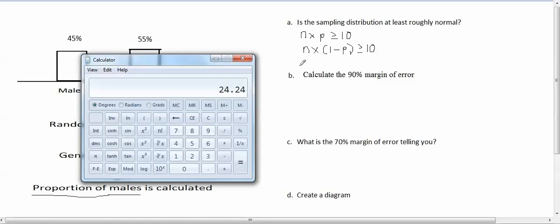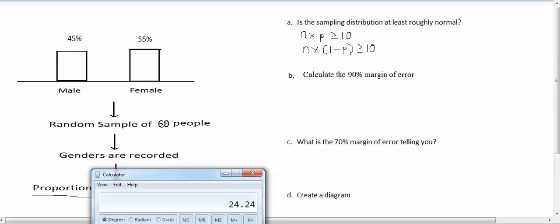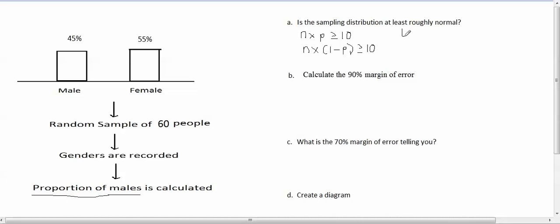So let's start with n times p. N is the sample size, which is 60. P is the population proportion. It's the proportion of males, not in the sample, but in the entire population. The proportion of males in the population is 0.45, because when you change this to a decimal, it's 0.45.